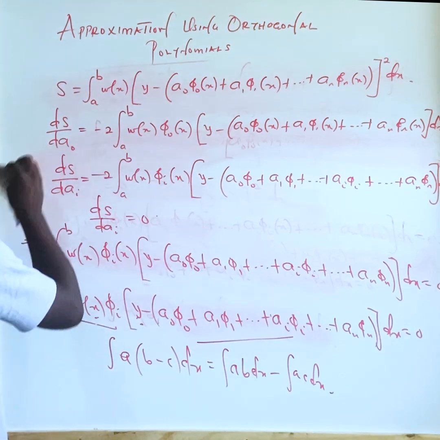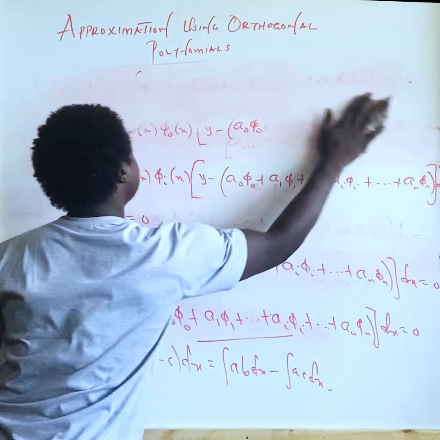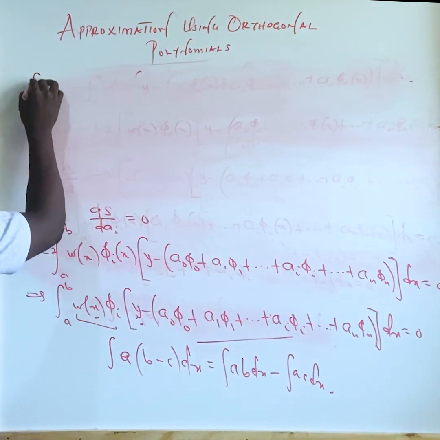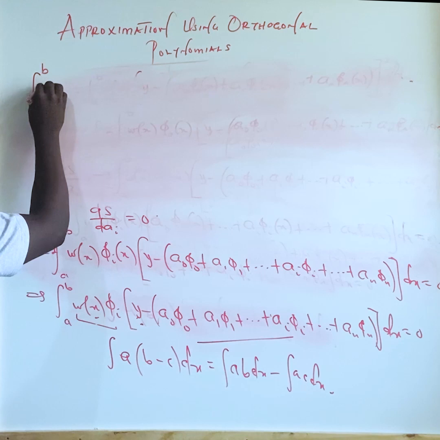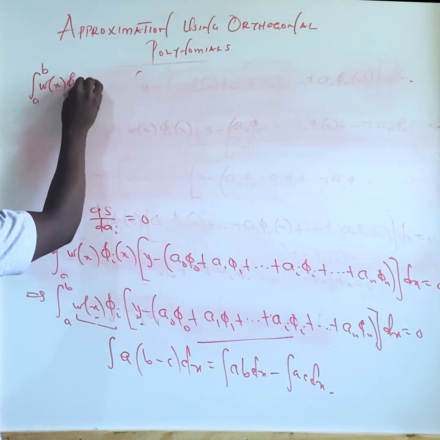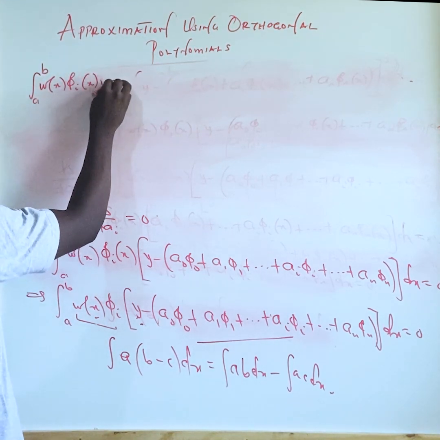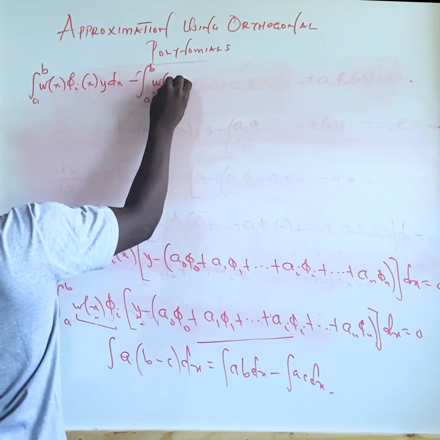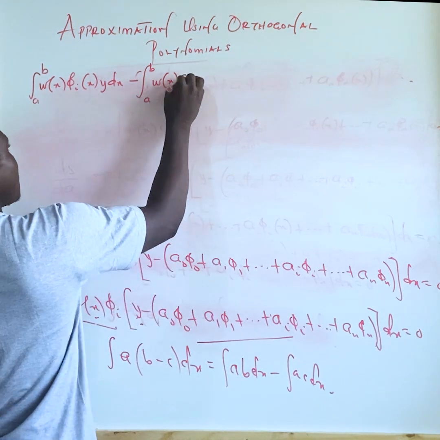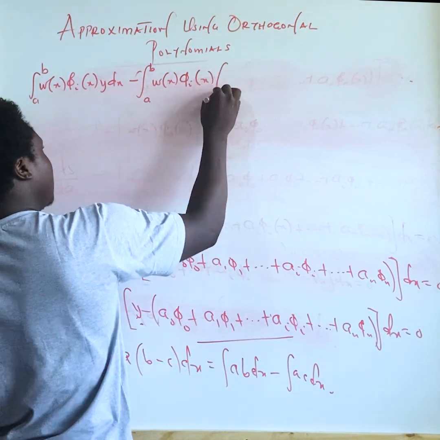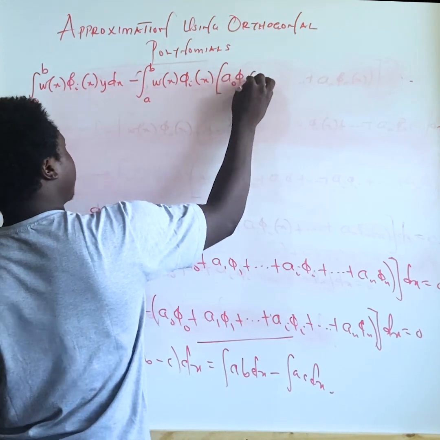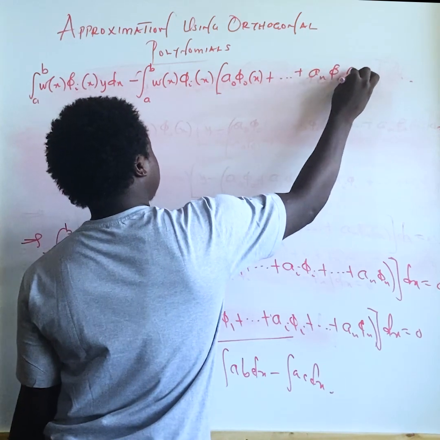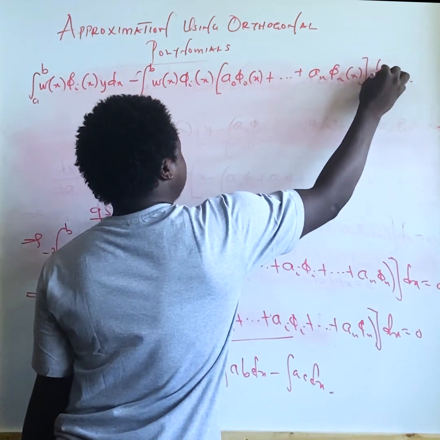So that the integral there becomes integral a to b omega x phi_i of x times y dx minus integral a to b omega x phi_i of x into a_0 phi_0 of x till it gets to a_n phi_n of x. This, and then it should be equal to 0.